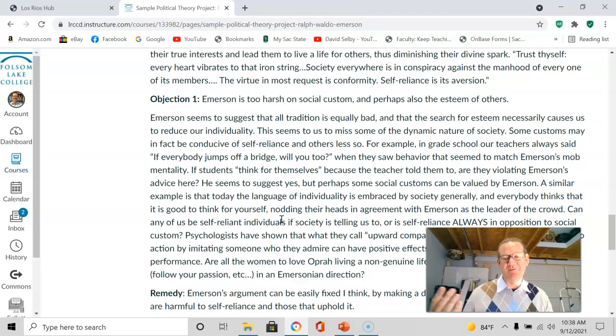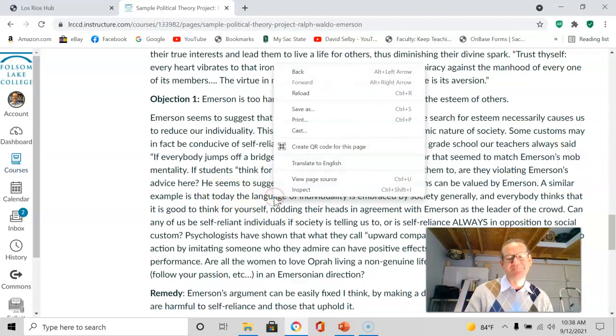Does that mean he's less of an individual because he was partially motivated by the desire to be on stage and have all that adoration? I don't think so. I think we should allow at least a little bit of social custom and desire to be esteemed, meaning loved or thought well of by others. So I think there's maybe something there.